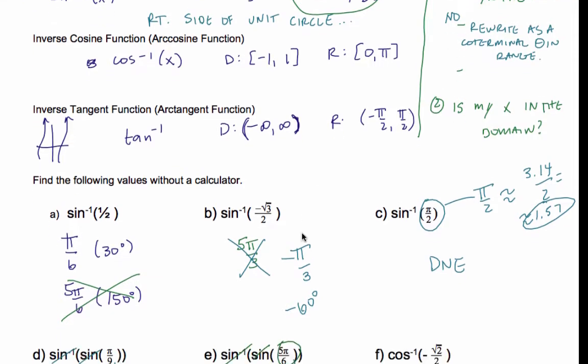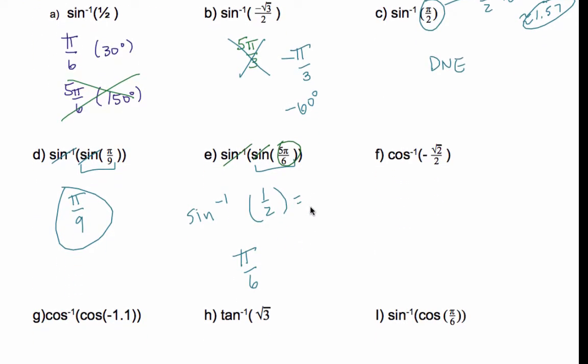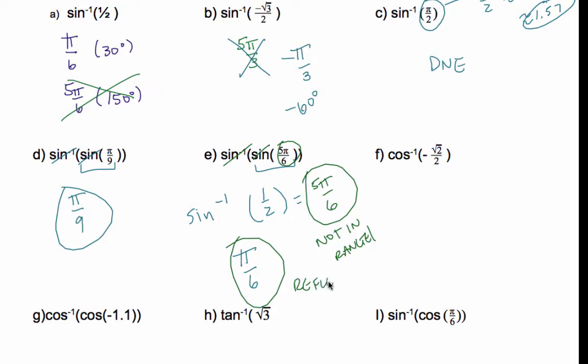So the other thing that could happen is my answer is not in the range. So this was 5 pi over 6. This is not in range. Okay, that was not in the range. However, pi over 6 is reflected, reference triangle.